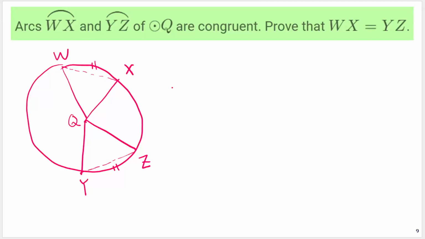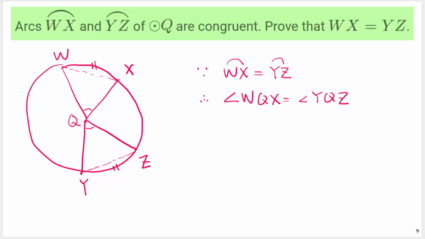Not that difficult, right? You could say because arc WX equals arc YZ, then the two central angles are equal, which means angle WQX equals angle YQZ, right?